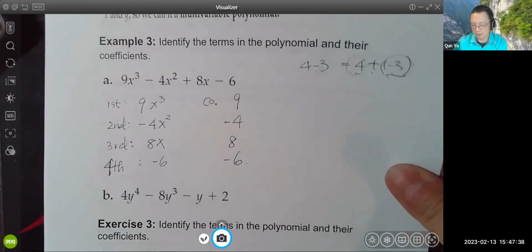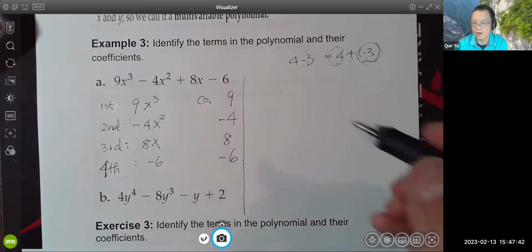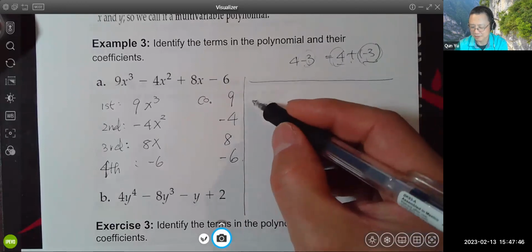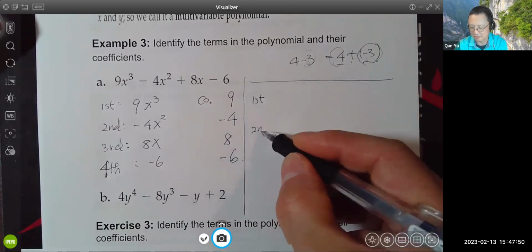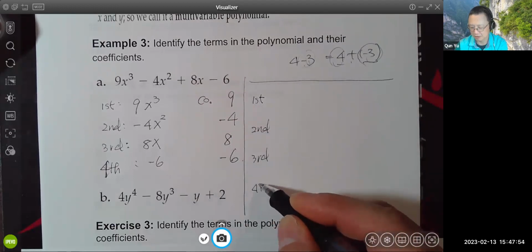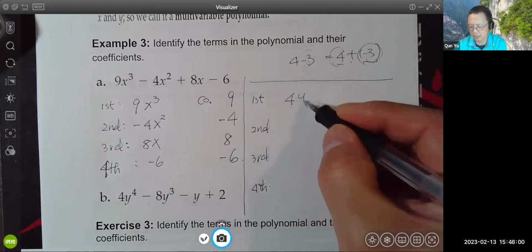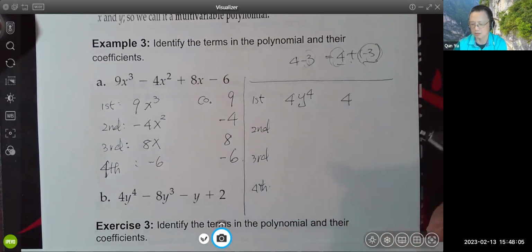And B, we have a B. So let's redo it on the right side. And the first term, and second term, third one, and the fourth one. How many? We have 4. And first term is 4y to the fourth power. Coefficient is 4.